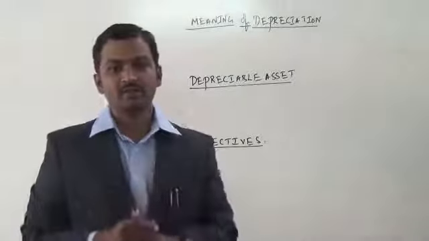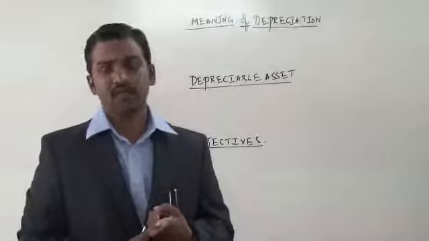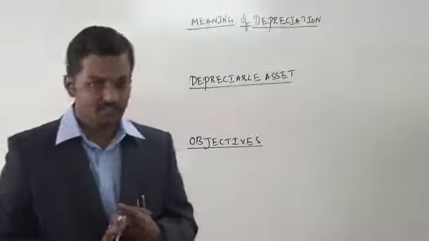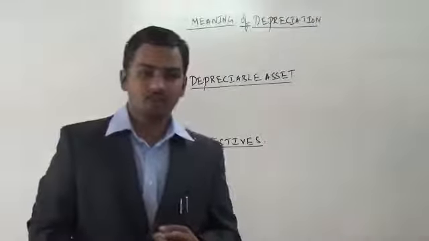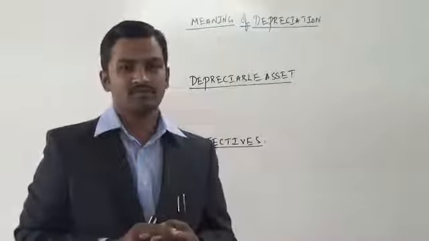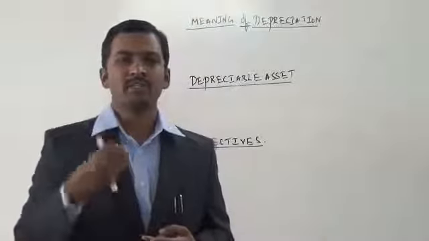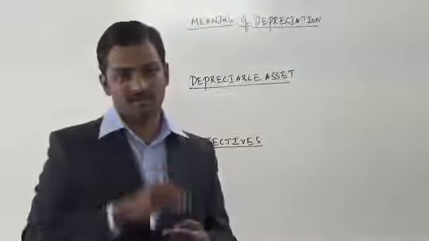So the first condition which a depreciable asset has to satisfy is it should have a useful life of more than one accounting period. The second condition to be satisfied is the assets should be used either in the production of goods or in the provision of services, or they should help us in doing our business.